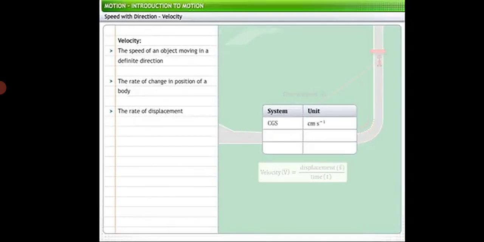Velocity is measured in centimeter per second in the CGS system and meter per second in the SI system. Similar to speed, velocity is also measured in kilometers per hour.